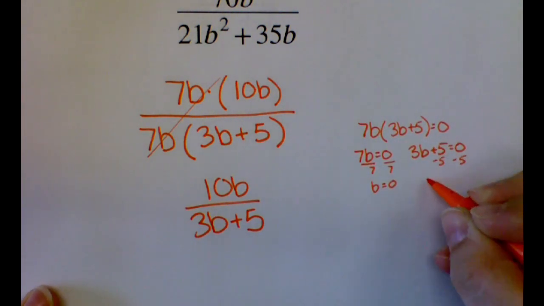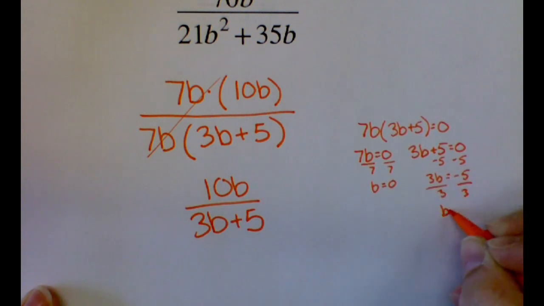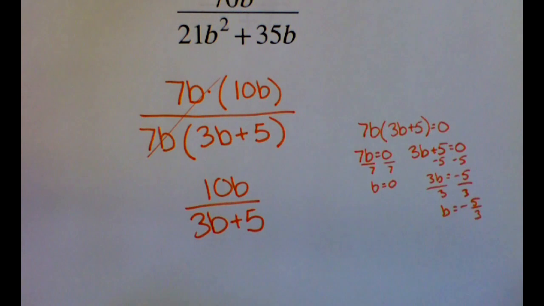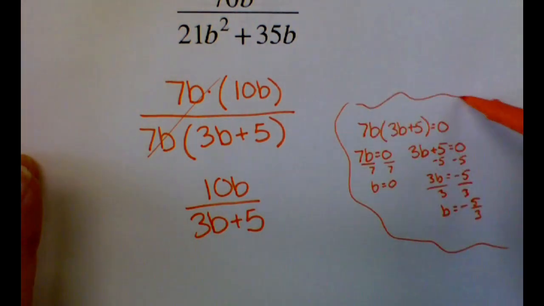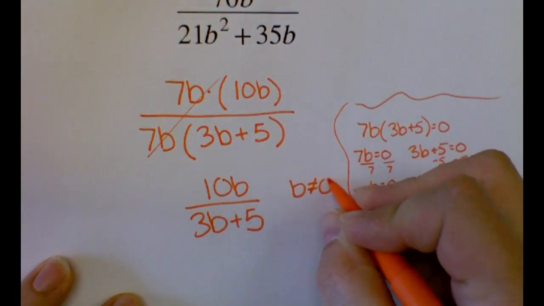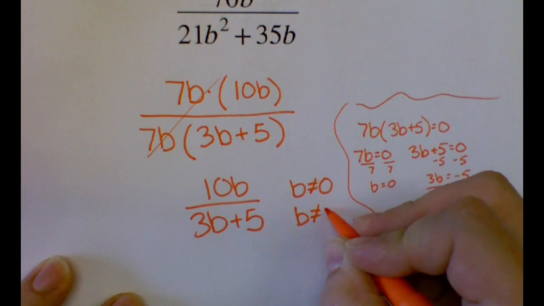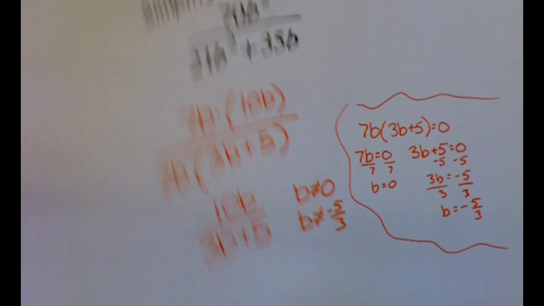And subtract 5, divide by 3. b equals negative 5/3 would make the denominator 0. So remember, this work is just telling me what b cannot be. So we indicate that here, b doesn't equal 0, and b doesn't equal negative 5/3, because that would make me divide by 0 at some point in the problem.